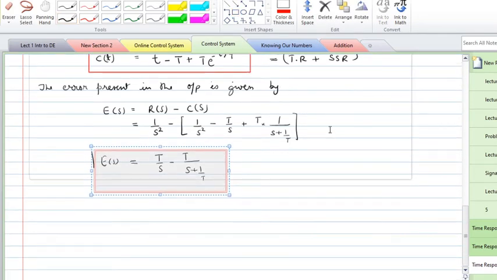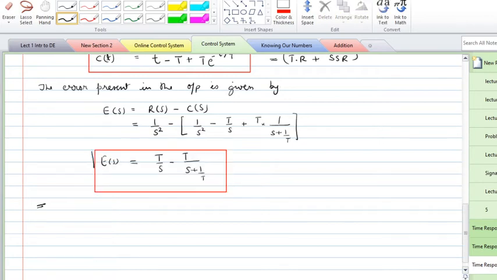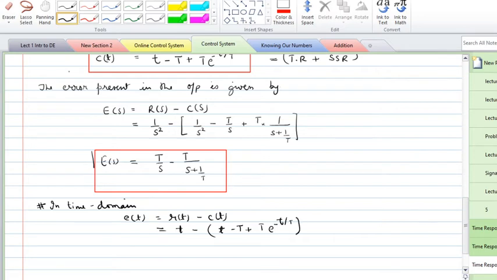You can also calculate this error function in time domain. In time domain, e(t) will be equal to r(t) minus c(t), where r(t) is nothing but t and c(t) is t minus T plus T into e raised to power minus t by T. You can see it from this equation.